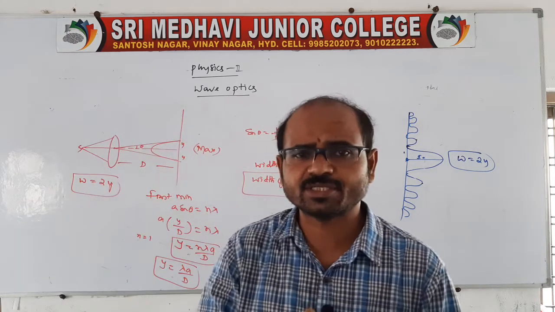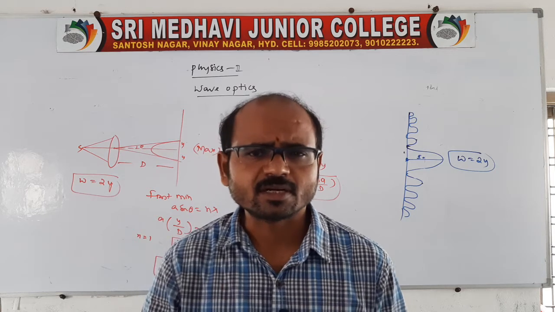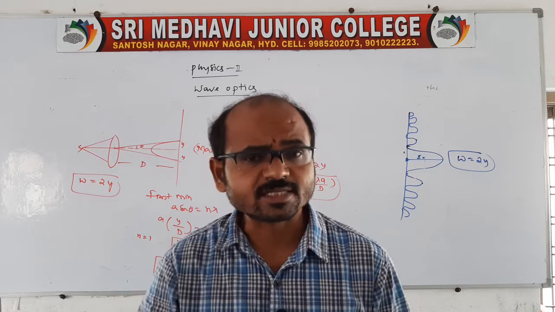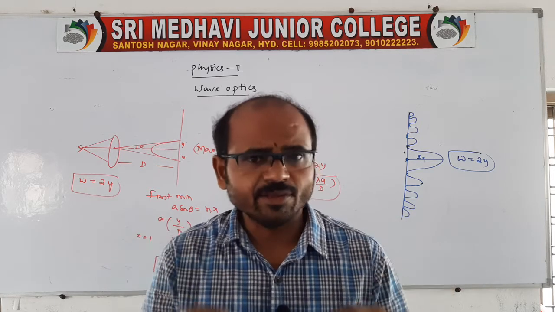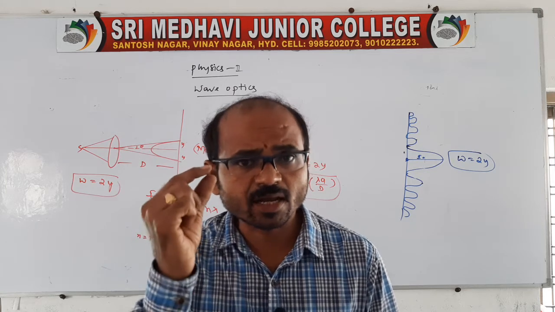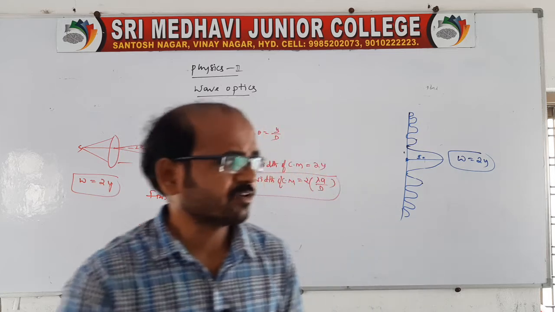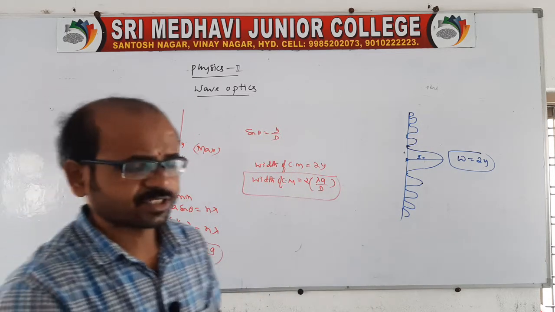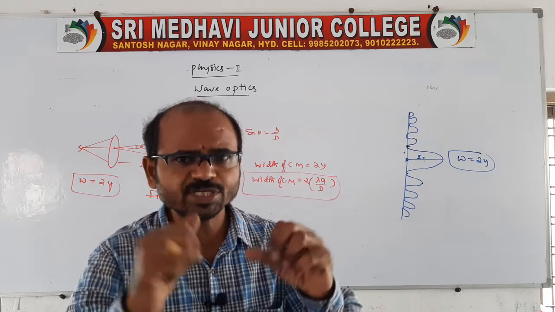Now after diffraction, in wave optics we have another topic: resolving power of the eye. Our eye, the iris diameter, is about 2 mm. Suppose we are seeing long distance objects which are very close, two objects or two images very close to each other.